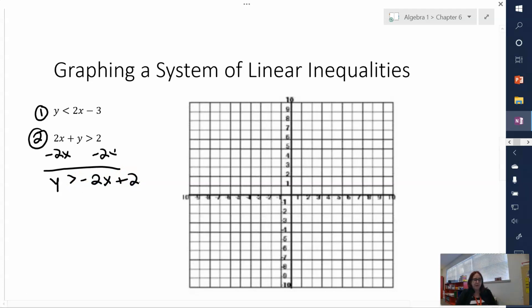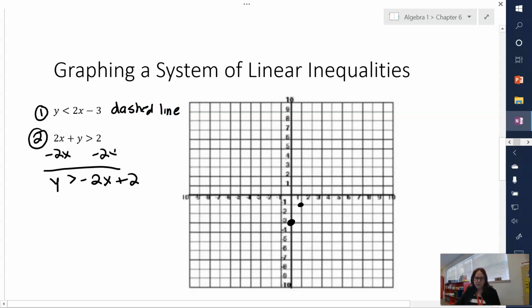So let's start graphing. First one, the y-intercept is negative 3, so I'm going to put a point there. My slope is 2, so I'm going to go up 2 and to the right 1, which will give me my second point. This one is a less than, and there's no equal under there, so this is going to be a dashed line.